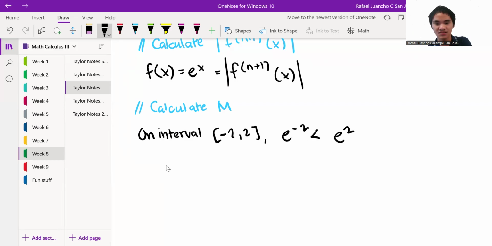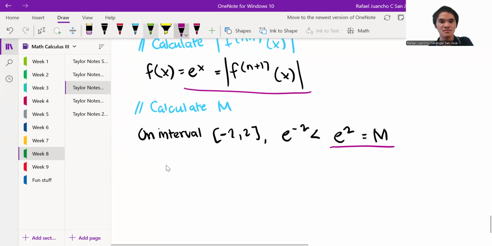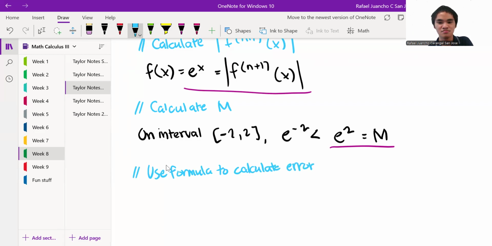So this one's less than this. So we're going to use e to the 2, which is equal to my m. Then from there, we'll use the formula to calculate error bound, or we call it a Taylor inequality, in a more general sense.